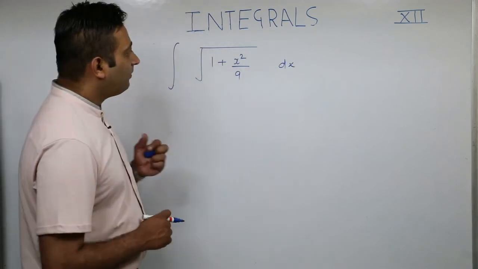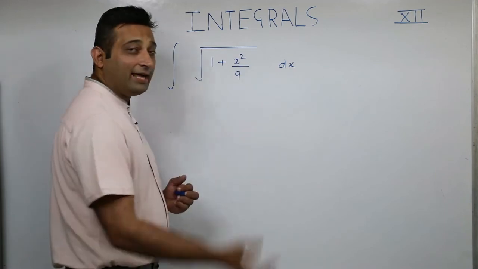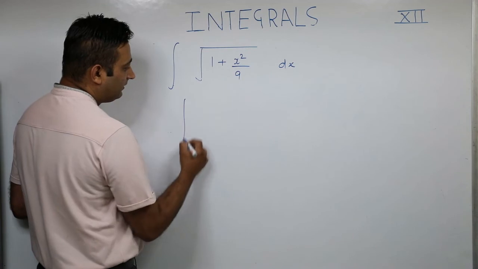Now, in this problem, we can see that we can replace x by 3 as t, or we can directly take the LCM inside the root.